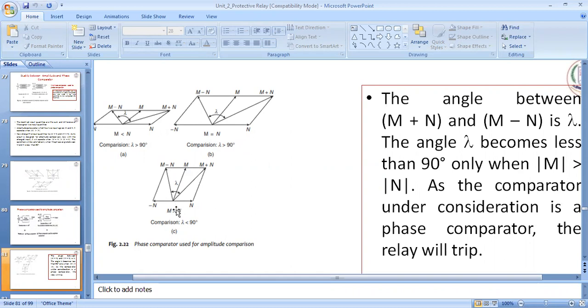And then here M is greater than N, so my angle will be lesser than 90. You can see here the M length is greater when compared to the N length. So the angle between M minus N and M plus N will be like this. The length will be the same, M plus N and M minus N, but the angle will be lesser than 90 degree. So in this case my comparator will make the relay work.